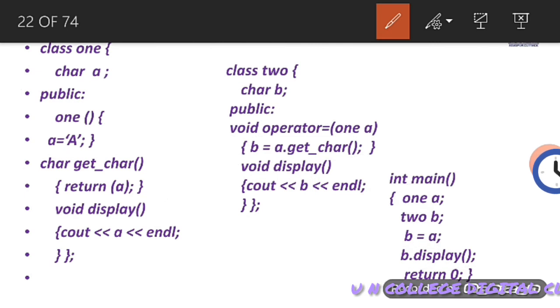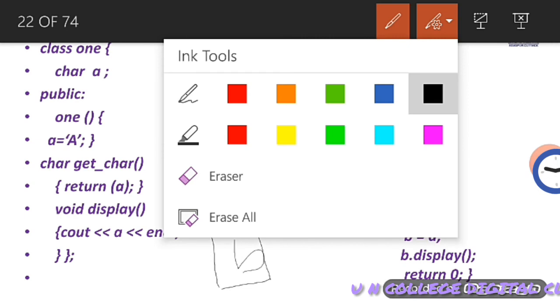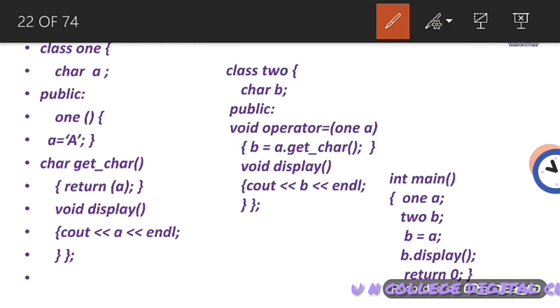Here again let me explain it once again. Here we have created one object of class 2, and the object name is b.